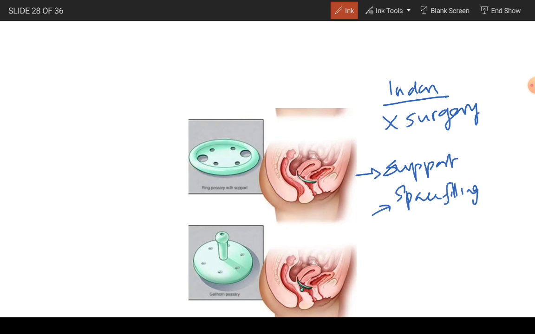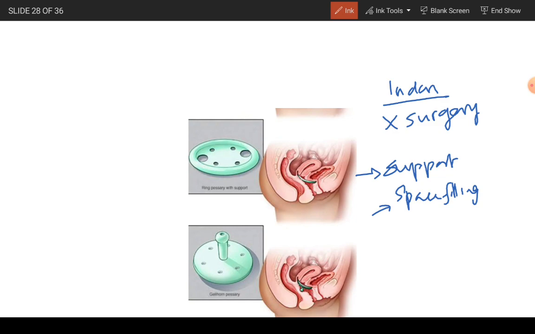So how to choose the pessary? When a patient comes to OP, you have to apply the pessary, and you do not ask the patient to go. You have to give the instruction on how you are applying it.